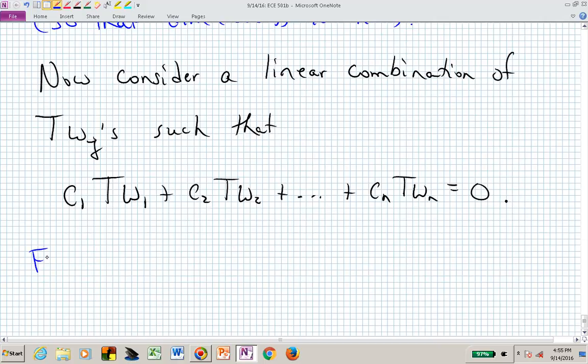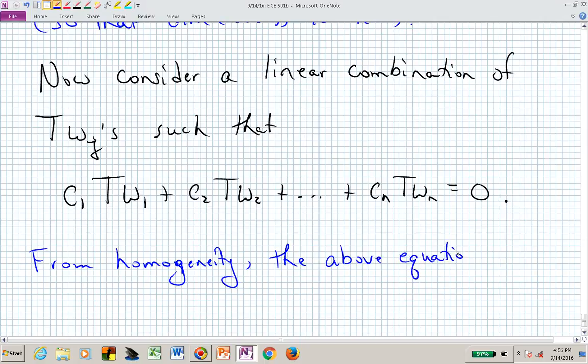Now, from homogeneity, what does that allow us to do with this linear map T? How can we now rewrite this equation?